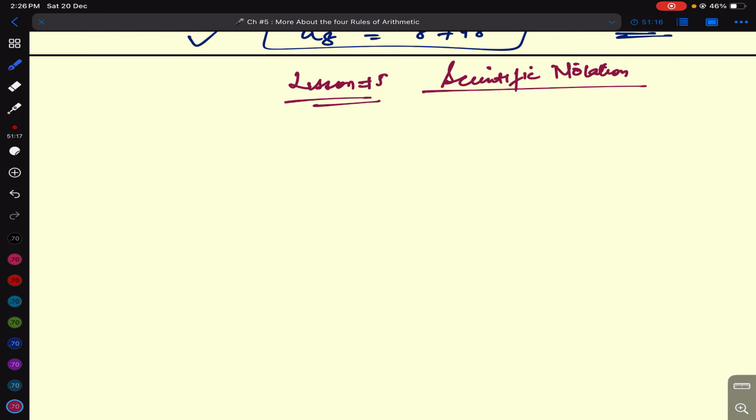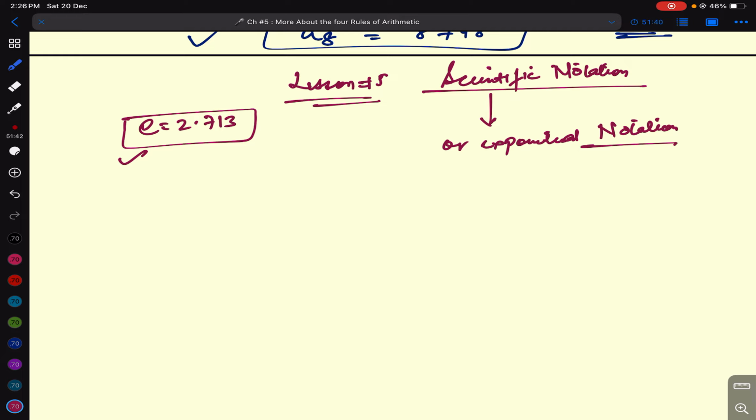Now when I talk about scientific notation or exponential notation in general, why do we call that exponential? Because this involves e, which is your standard value as 2.713, right? E is your exponent. Since scientific notations involve exponents, which is e, that's why we also call that exponential notation. So it's a handy way to manage extremely large numbers.